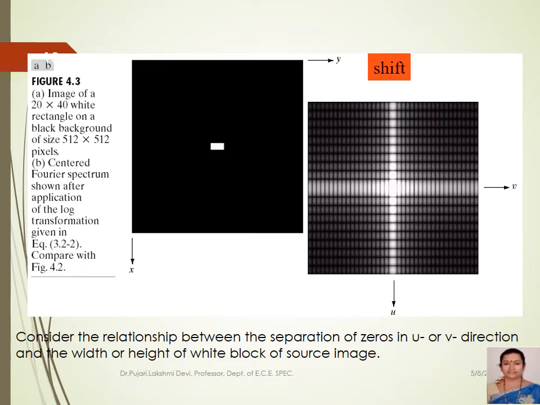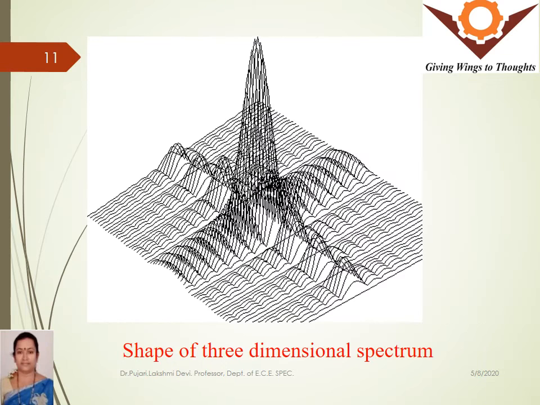That we can observe very easily in this three-dimensional plot of the spectrum. Here, this is the maximum peak, that is, the maximum intensity appears at the center. Then point by point the intensity reduces, with some fluctuations, and finally it reaches a very low intensity value, which is different from its background.